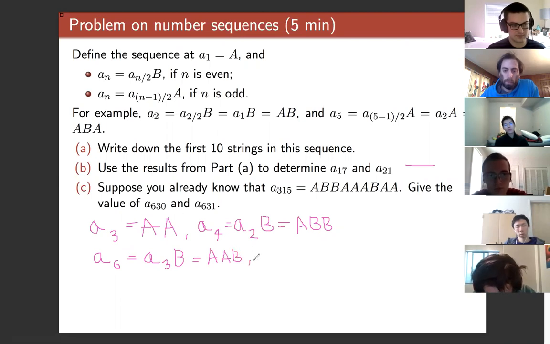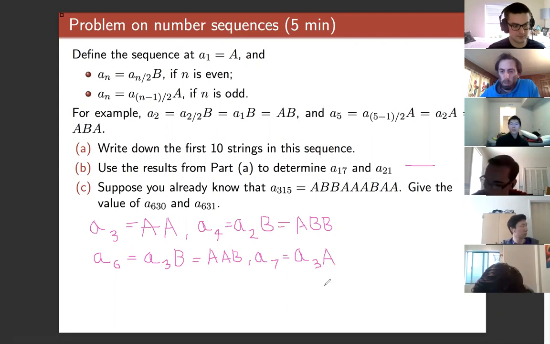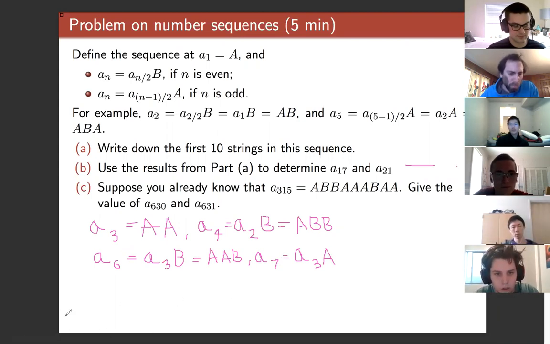All right. A7, 7 is odd, so we subtract 1 and then divide by 2. So we get A3 again. And this time we multiply that by A. So that is going, sorry, I'm learning the technology here.